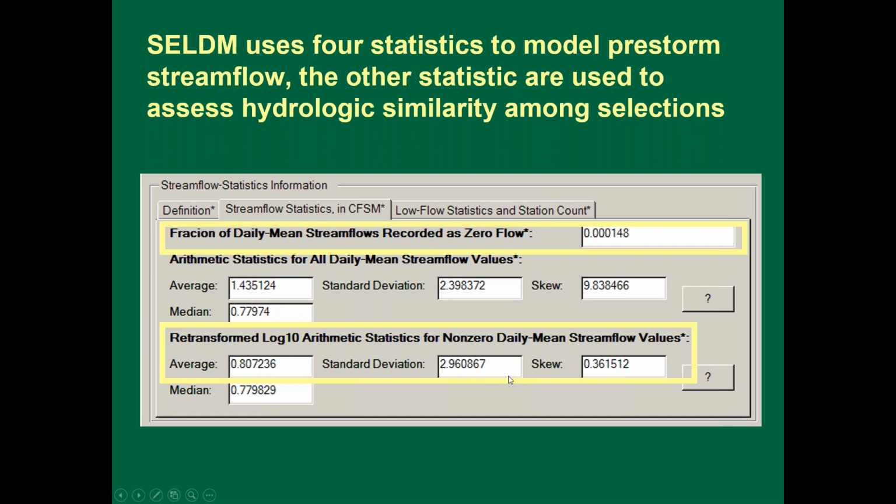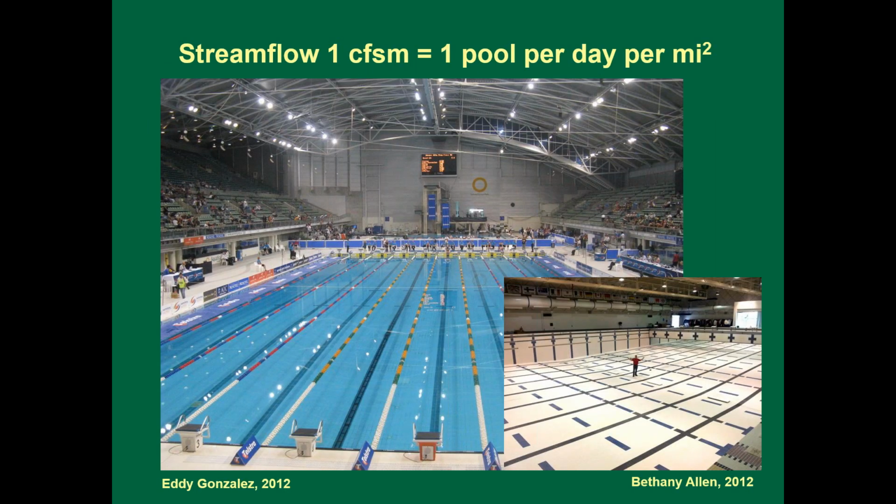It's looking at the average, standard deviation, and skew of the log 10 non-zero daily mean stream flow values, and it looks at the fraction of zero flows. So what's the risk of having the storm event start with a zero flow so you get much less dilution? And if you have non-zero flows, what's the statistics for that? And again, we've calculated many of these statistics for you, so you don't really have to worry about them.